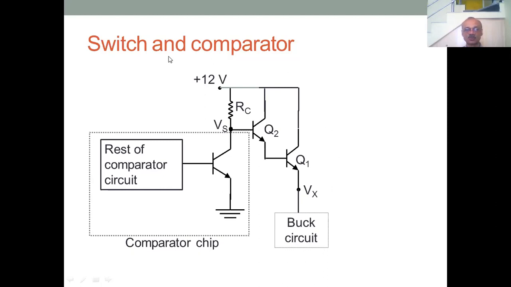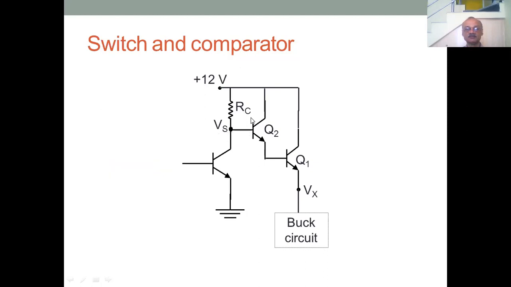So this is what the circuit would look like. You'll have an externally connected resistor RC and our two transistors Q1, Q2. How do we choose RC? There are two things that will determine RC.